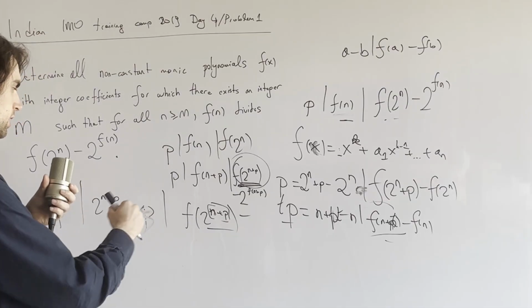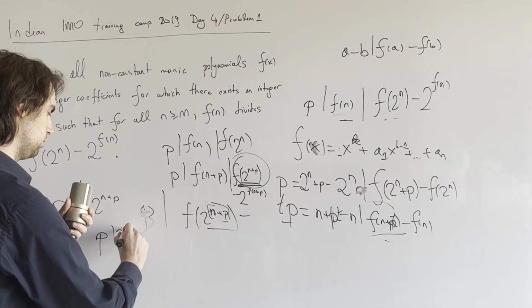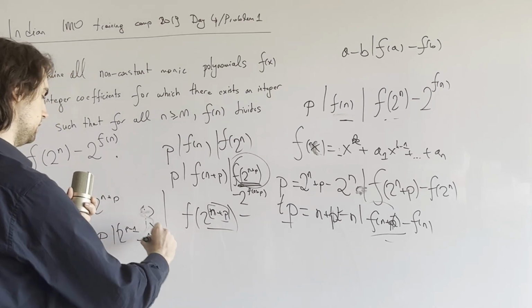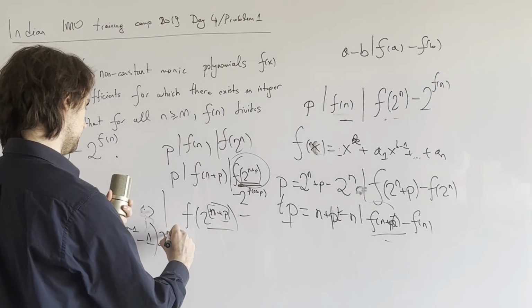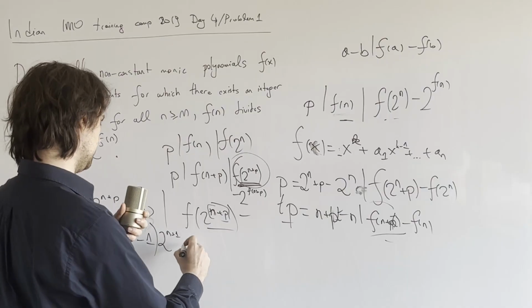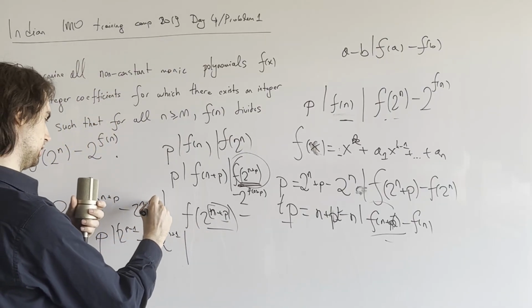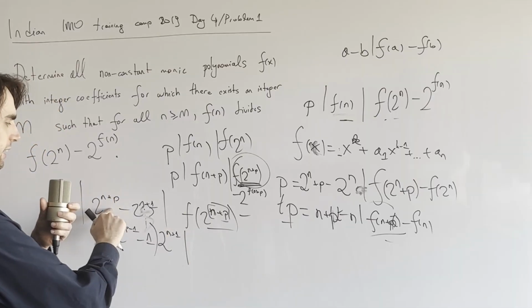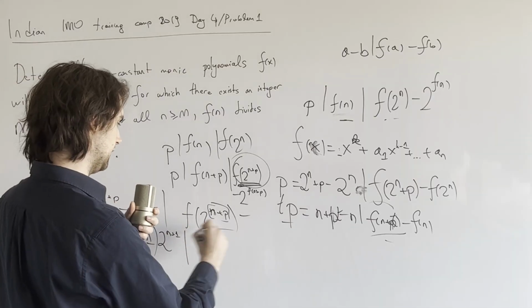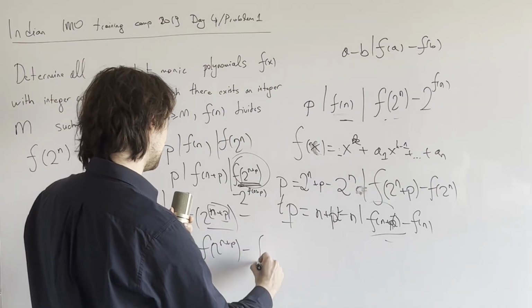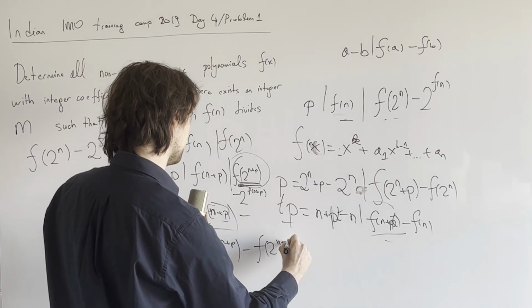What do I use? Well, p divides 2 to the p minus 1, minus 1. So if I want to get n plus p, I'll multiply this by n plus 1. And then I have this divides. So this is 2 to the n plus p minus 2 to the n plus 1. Then I get this thing divides this, f of 2 to the n plus p minus f of 2 to the n plus 1.